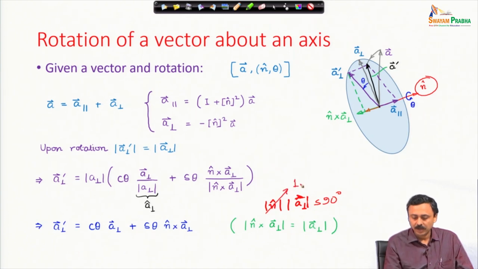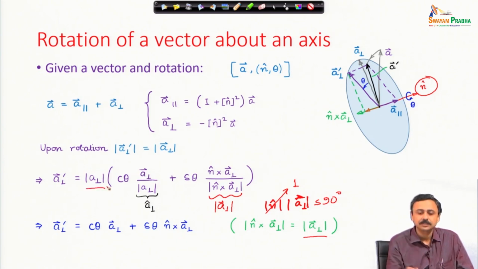Magnitude of n is already 1, sin 90 is 1, therefore, this magnitude must be magnitude of a perpendicular. Therefore, from the denominator a perpendicular just cancels off with this.